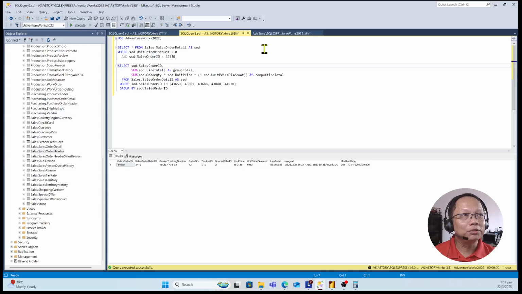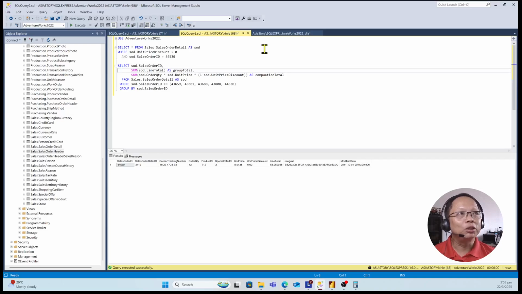Then I also have order quantity multiplied by unit price, multiplied by 1 minus the unit price discount, as computation total.